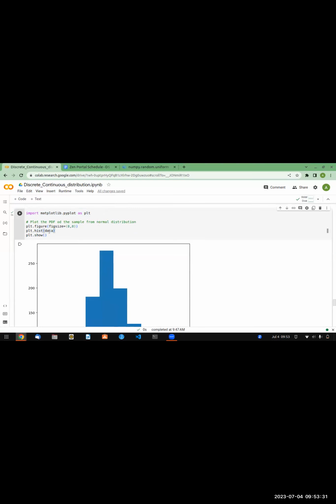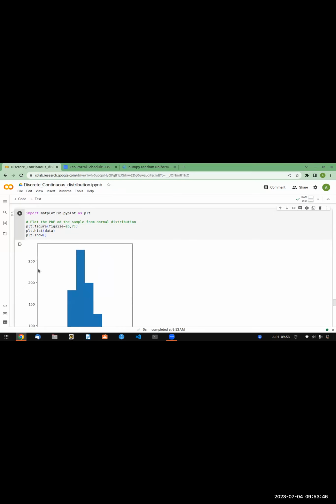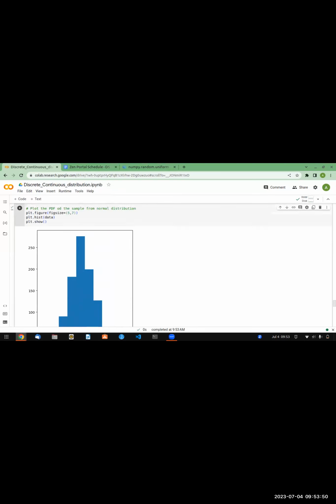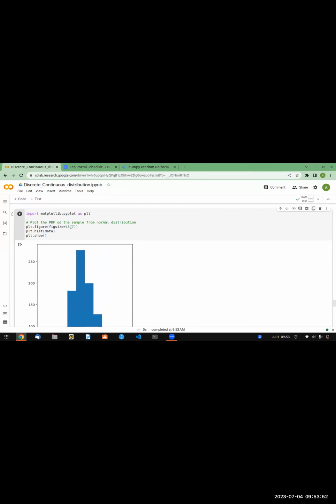The figure size is 8 by 8. If you want changes, like 5 by 7 or anything, that sets the length and height of the figure.